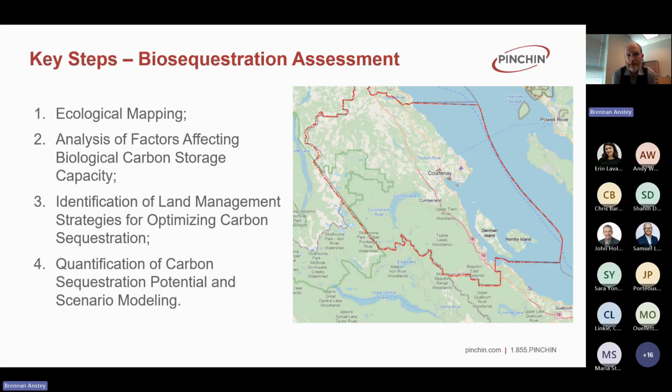So these are the steps that we took to try and answer those questions. We started with mapping what kind of natural ecosystems do we have and how much. That's our mapping project. Then we looked at factors affecting biological carbon storage.